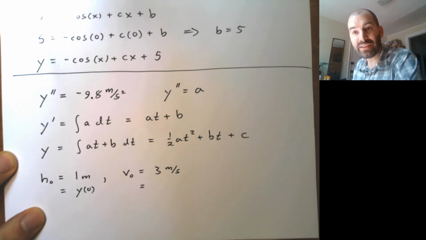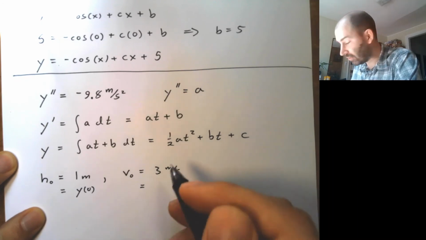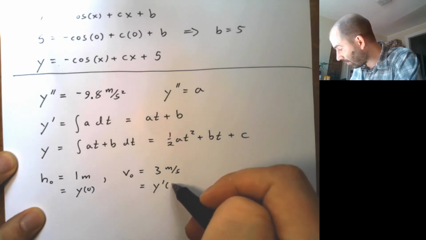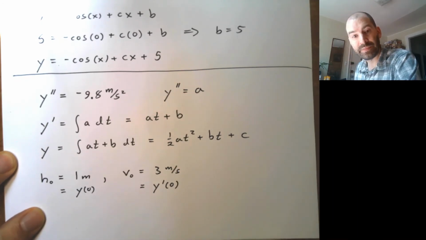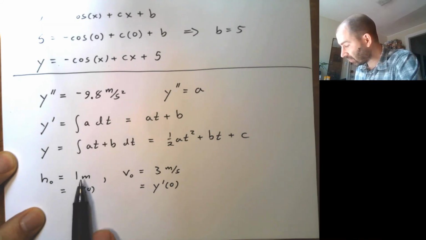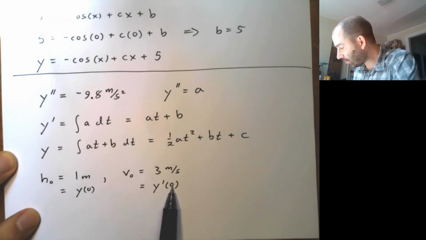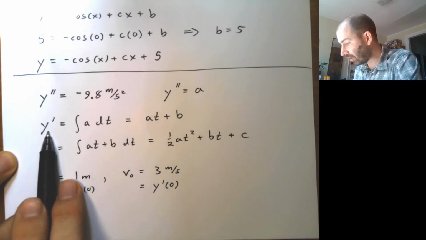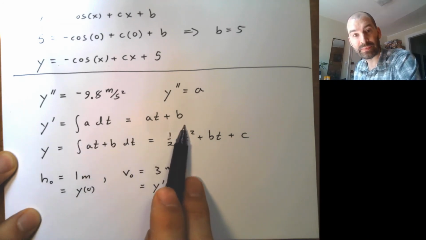How do you measure velocity? It's the derivative of the position. So that's y prime of 0. So we're really being told here that y of 0 is 1 and y prime of 0 is 3.